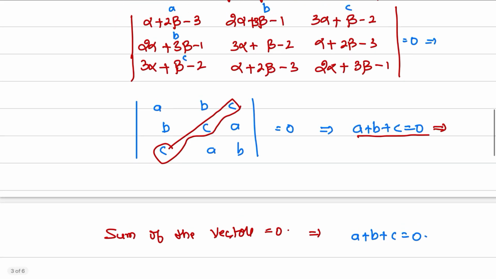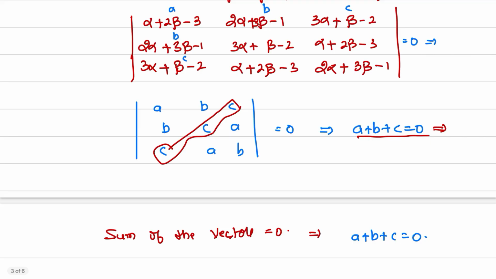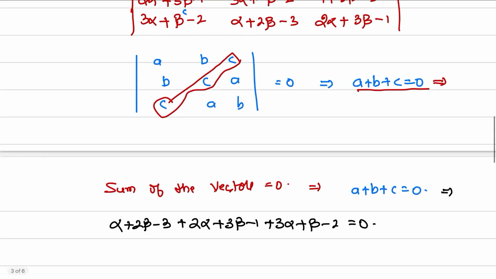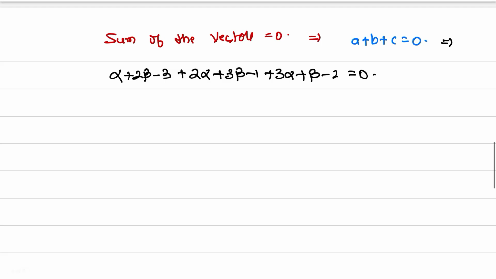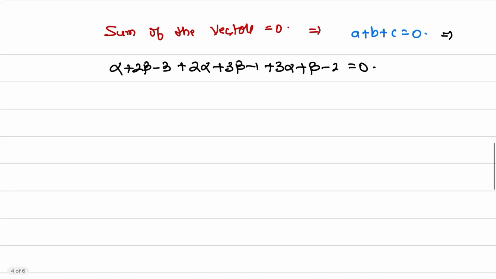That means alpha plus, which implies alpha plus 2 beta minus 3 plus 2 alpha plus 3 beta minus 1 plus 3 alpha plus beta minus 2 is equal to 0. Either from the determinant property or from the vector properties, for all the vectors to be in the same plane, the sum of the vectors should be 0.